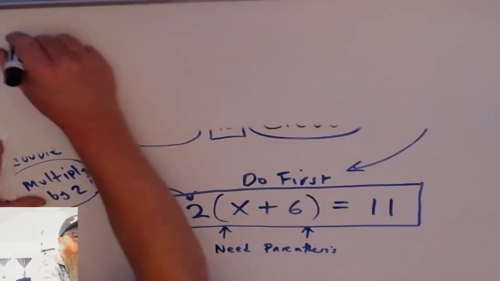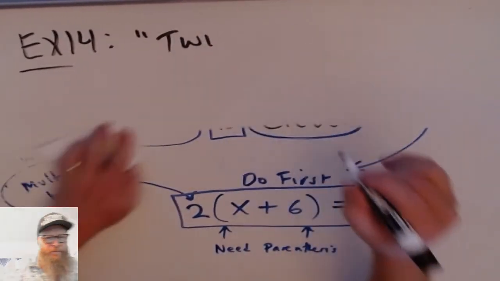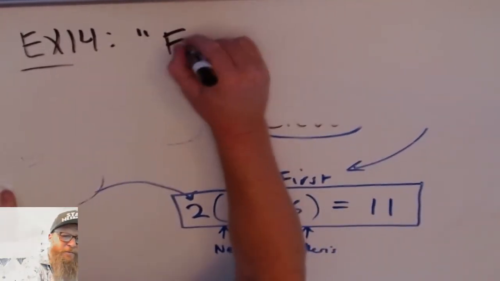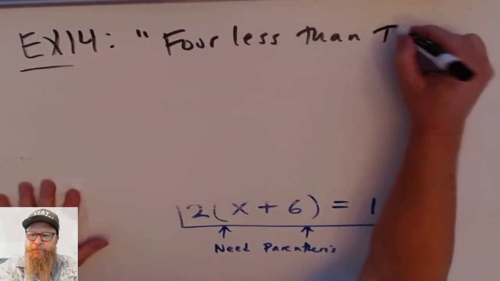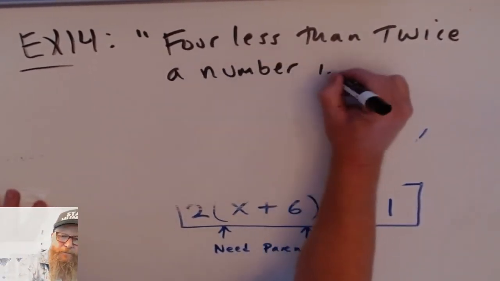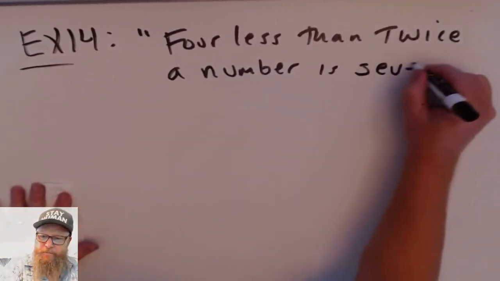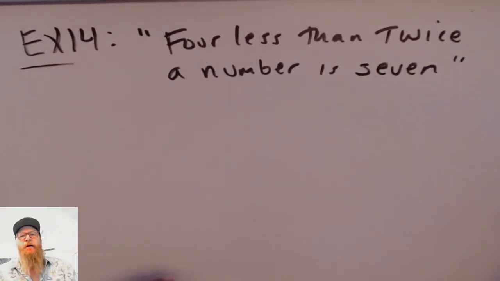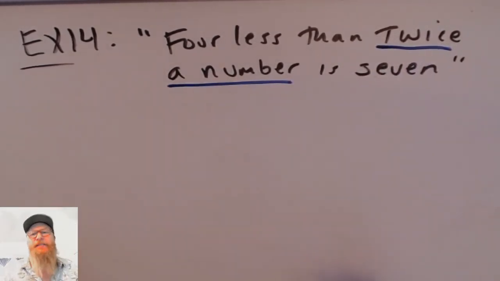I think we can handle one more. Four less than twice a number. So now we are saying twice a number.